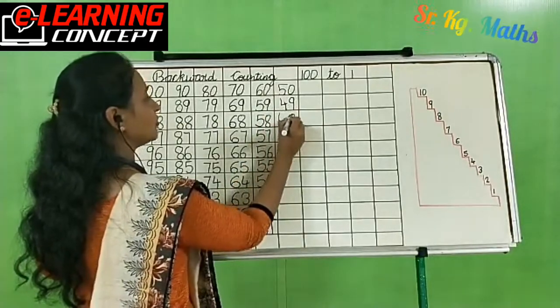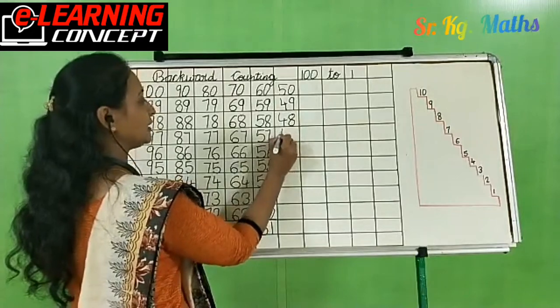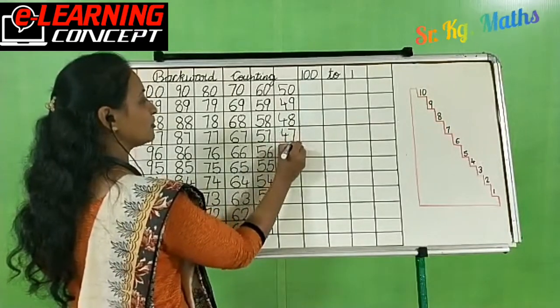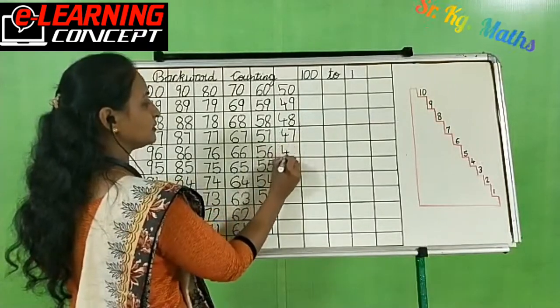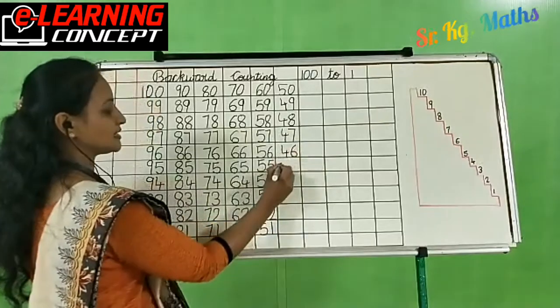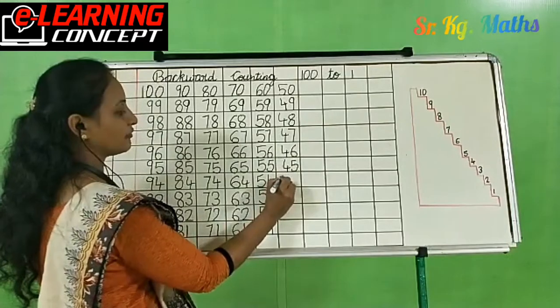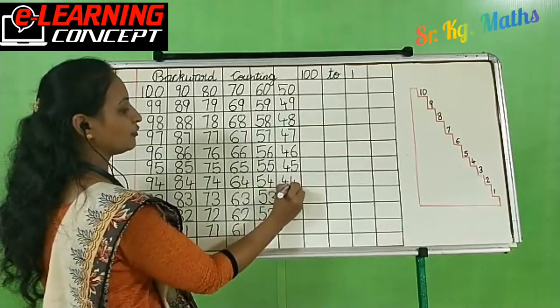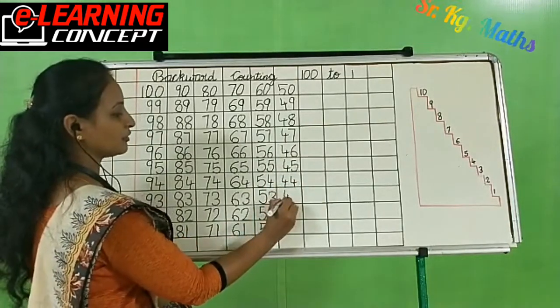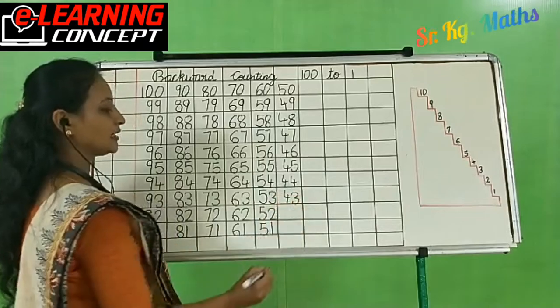Then 4, 8, 48, 4, 7, 47, 4, 6, 46, 4, 5, 45, 4, 4, 44, 4, 3, 43.